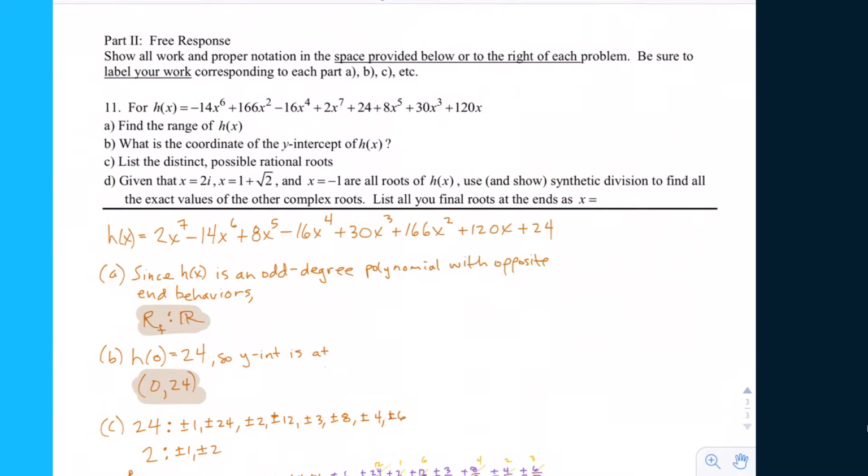If it's an even degree polynomial, the end behaviors are the same. Well, the domain for all polynomials is all real numbers. There's only one time for one specific type, an odd degree polynomial. That's the only time the range is a fair question. And then the answer is what? All real numbers. Totally fair.